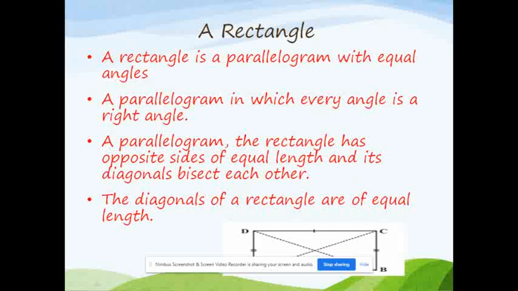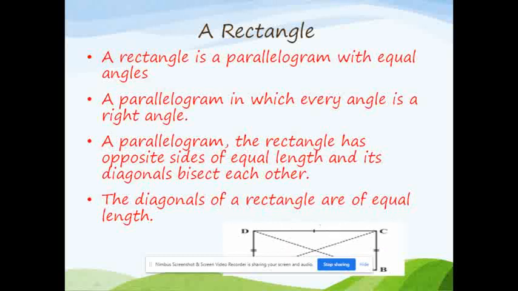See, already we know, look at this figure: AB, BC, CD and DA are the four sides of this quadrilateral. So AB is parallel to CD and BC is parallel to AD.